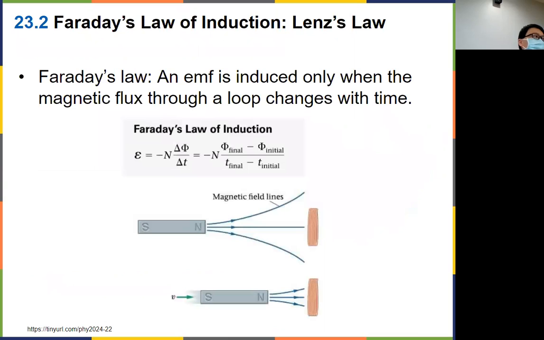So the amount of voltage induced in the coil, we call it induced EMF. That's equal to minus N, where N refers to the number of coils you have, times the change in flux over change in t, so it's the rate of flux changing, delta phi over delta t.